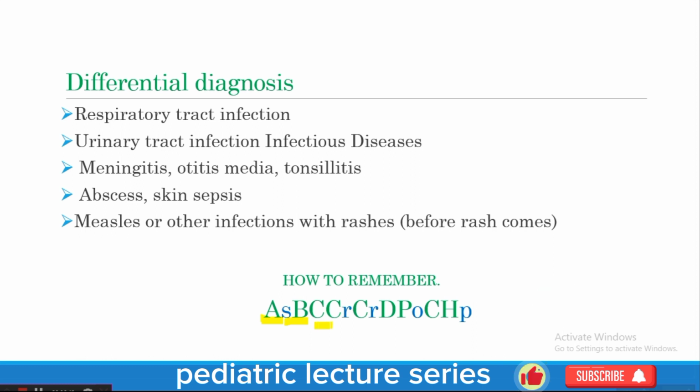C is circulatory collapse, repeated convulsions, respiratory distress, pulmonary edema, and then you can also have hyperpyrexia and hyperparasitemia.